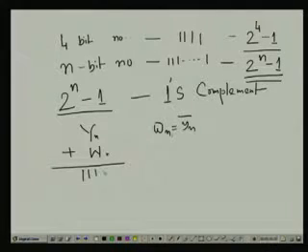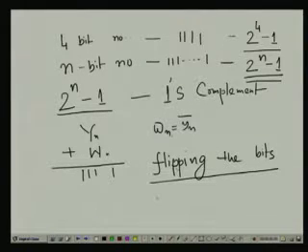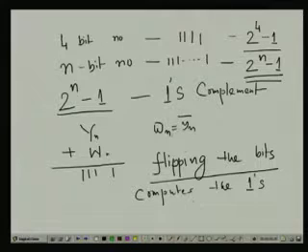So, the ones complement is flipping the bits, and by flipping the bits it computes the ones complement.